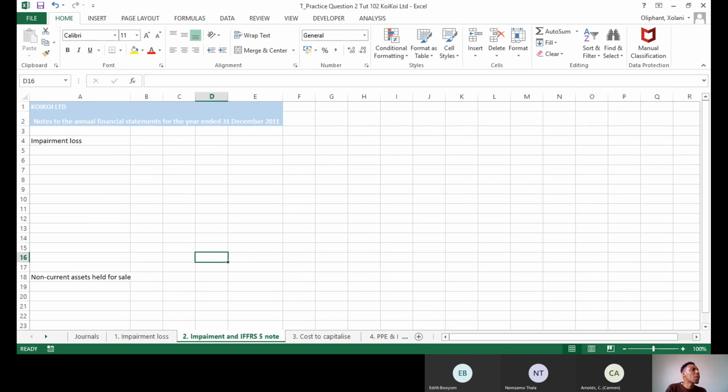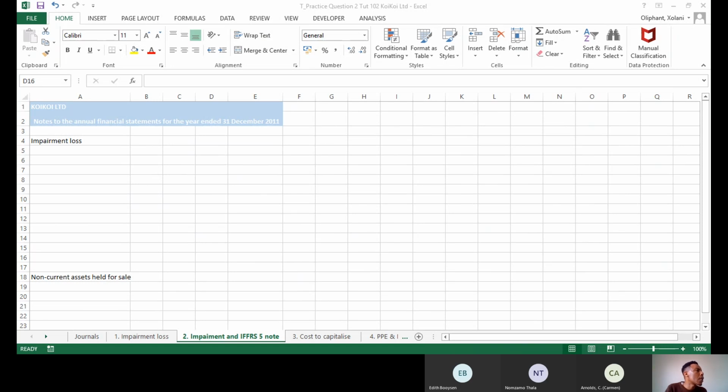Just want to go back to the required quickly to see if we've addressed everything. So in terms of required one, we've addressed the calculation of the impairment loss. We've addressed the disclosure, the note for impairment. We've also addressed the calculation of what cost to capitalize.